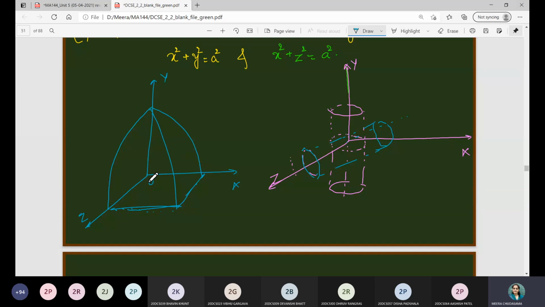It will go toward the negative x axis, so this one will be the other one. And this point, the radius you are given, is A, 0, 0. The radius of the cylinder is given, and this is the 1/4 portion of that intersecting part, right?